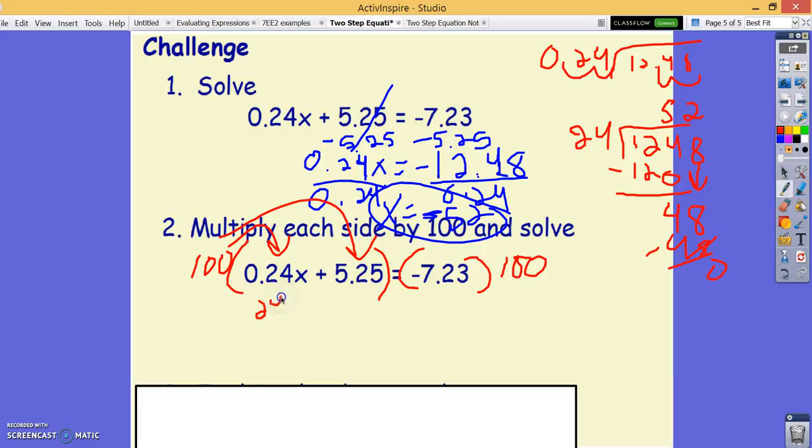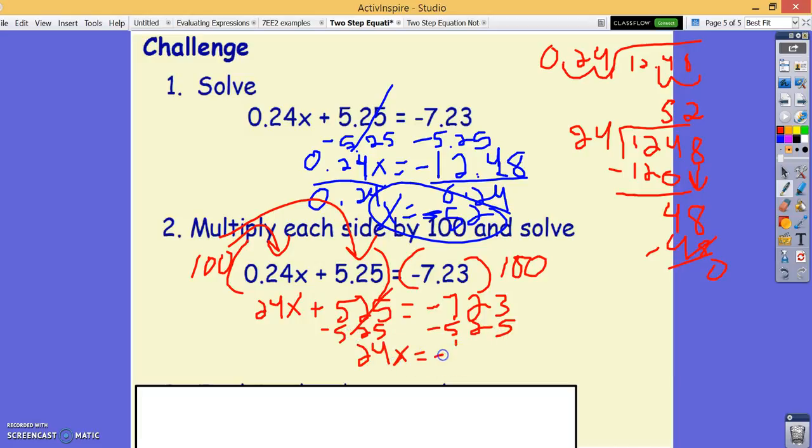So this would be 24x plus 525 equals negative 723. Now I'll solve like normal. Subtract 525 from both sides. And we get 24x equals negative 1,248.